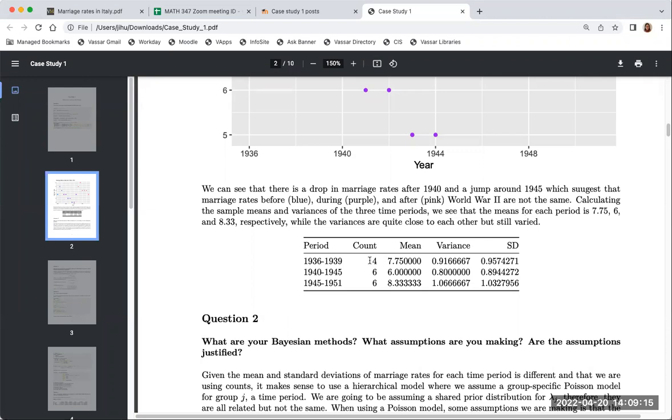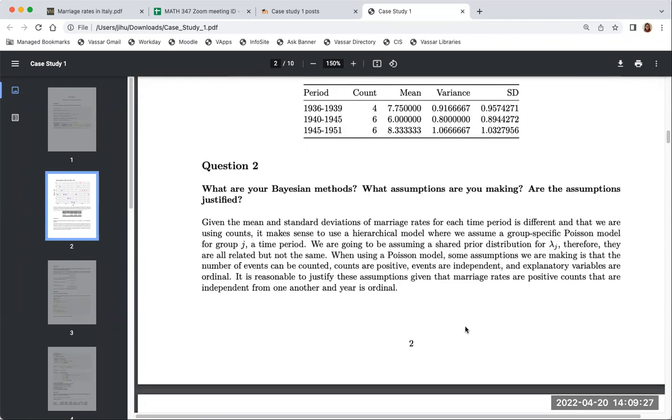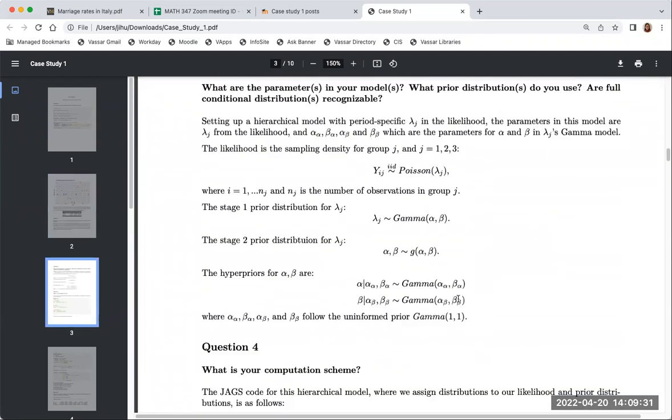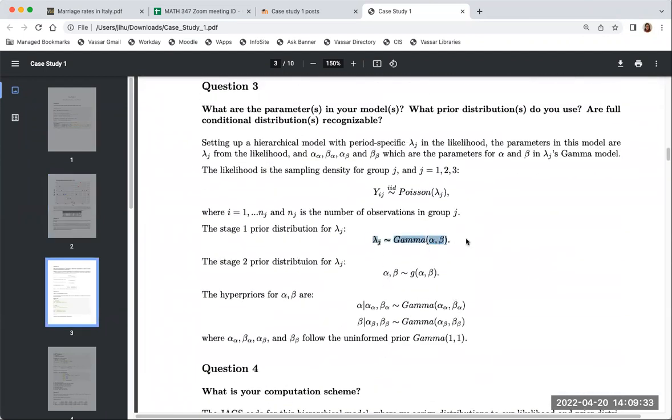Shinji made a good point about the data size and how that plays a role. You see here, in the nice summary the team made earlier, we get 4 and 6 and 6 different observations in the 3 different groups. So it's actually a very small sample. That's why, according to what Brett shared earlier, if we use gamma 1 1 over here, the prior will be very strong.